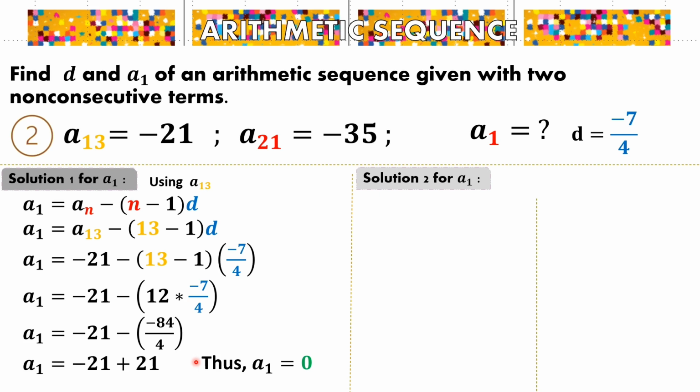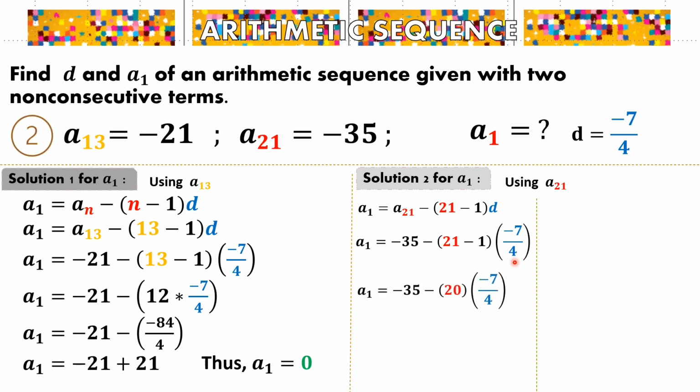Okay, let us compare the answer using method 2, which is substituting the value of a sub 21 in finding the first term. So a sub 21 minus quantity 21 minus 1 times d, that is negative 35 minus 21 minus 1, quantity negative 7 over 4.